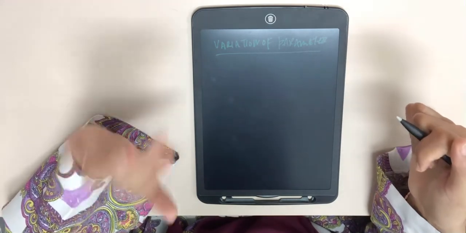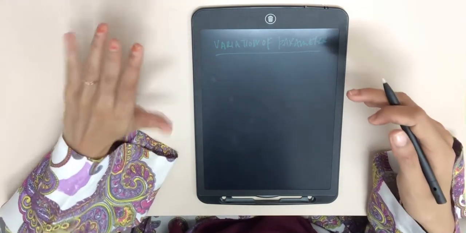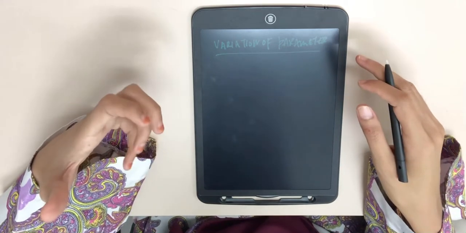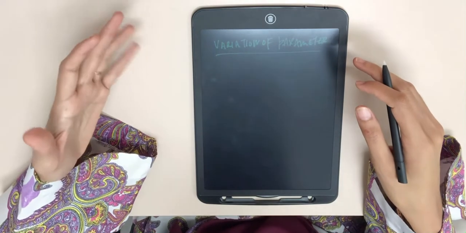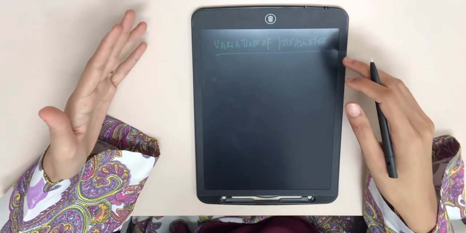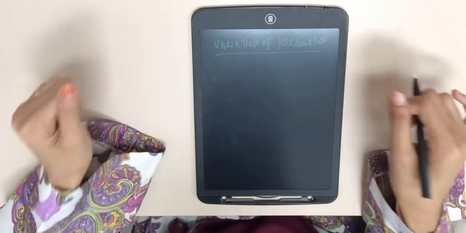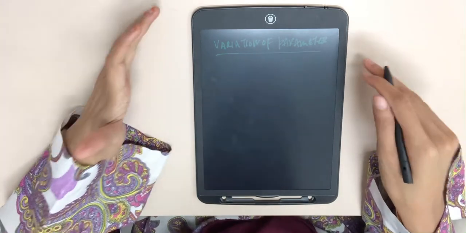Today I will continue the chapter about solution of second order equations. This is the second method to solve the non-homogeneous equation, which is variation of parameter.